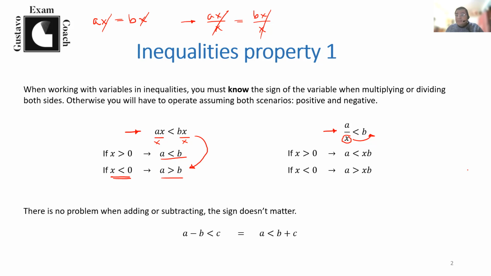This is expected to result in something like this. Although this might be true when x represents a positive number, when x represents a negative value, you need to consider that the inequality symbol will be reversed.